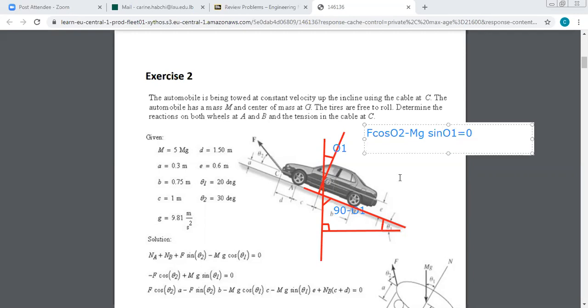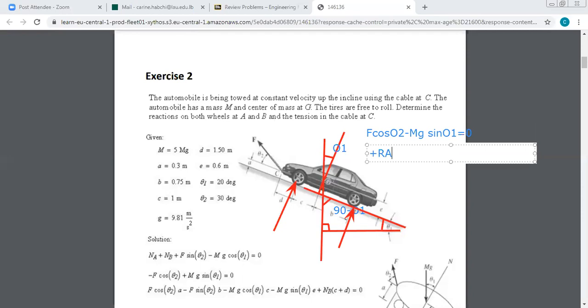Now, the second equation along y. If we put again the forces, you have RA, RB, and you have the projection of F and the projection of weight. So along y we have plus RA plus RB plus F sine theta 2, and only the weight has a negative projection, so it's minus mg times what?